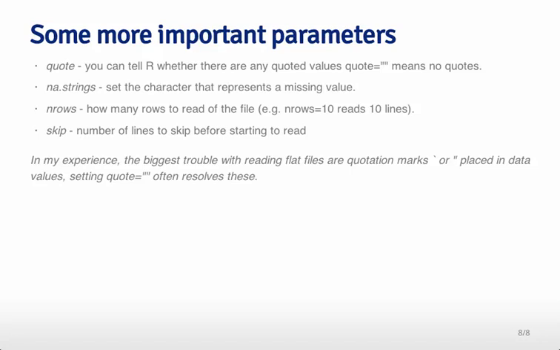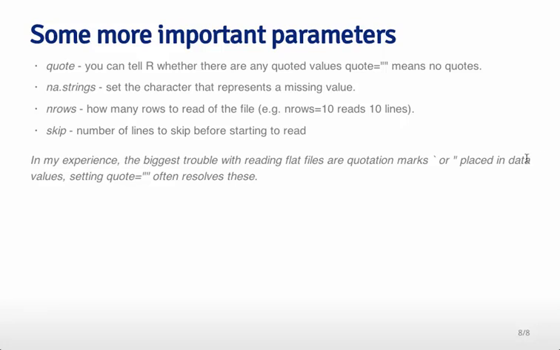The most typical character that you'll see in R datasets is NA, but that character might also be -1 or 999.99 or something else. nrows tells you how many rows of the file to read. For example, if you only want to read the first 10 lines of the file, you can use nrows equal to 10 as one of the arguments to the read.table function. skip tells you how many lines to skip before you read. For example, suppose you want to read the 3rd through the 13th line, you would set skip equal to 2 and nrows equal to 10.